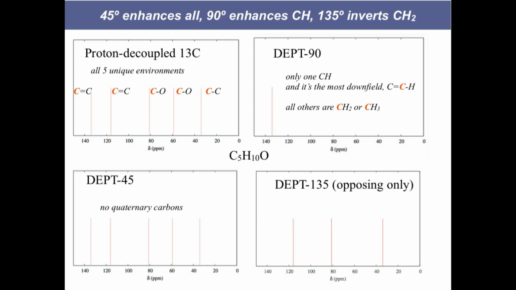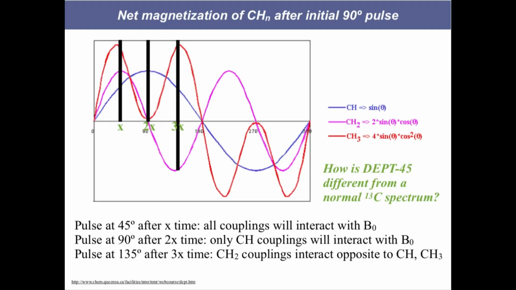All right, DEPT 90 enhances our CH. Only our CHs are enhanced in DEPT 90. Again, I can show you that back in our plot here. At 90 degrees, after 2x amount of time, only our CH is enhanced.